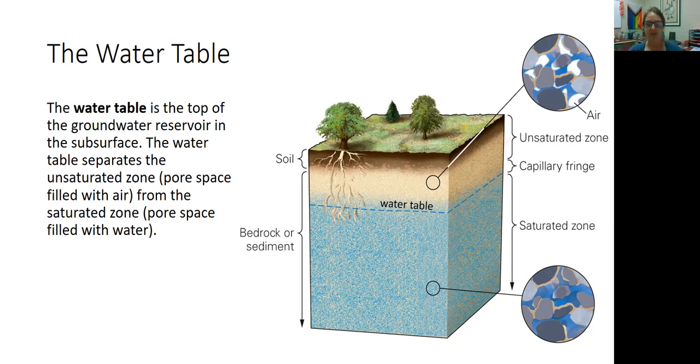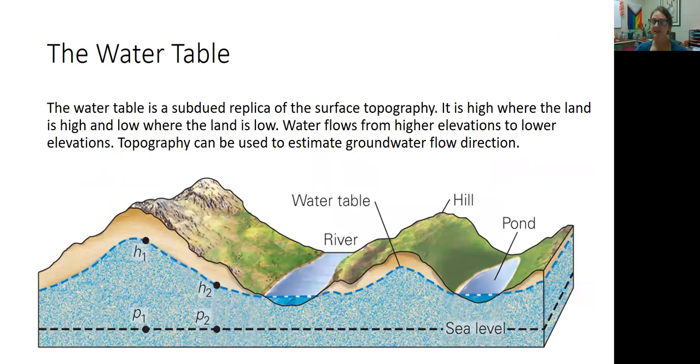And the water table can be right at the surface of the earth. It can be very, very deep within the earth, and the depth of the water table will vary. It varies based on a few things. The first is the shape of the land surface, the topography, right? So the water table is kind of a subdued replica of surface topography, meaning that where there's a mountain, the water table will also have a little bump.